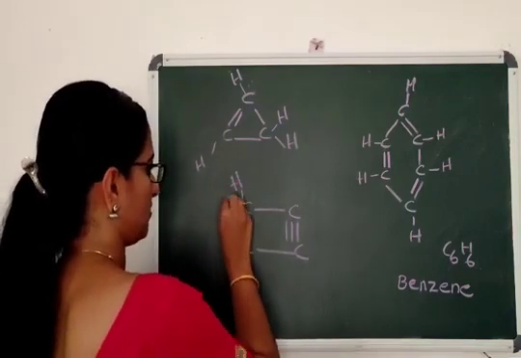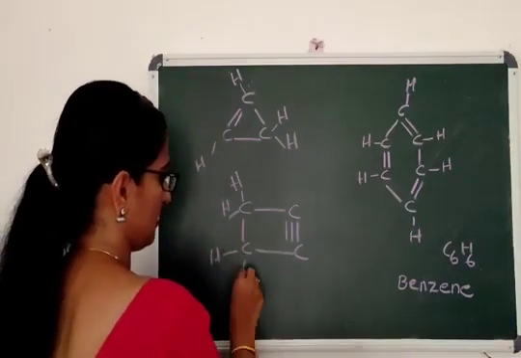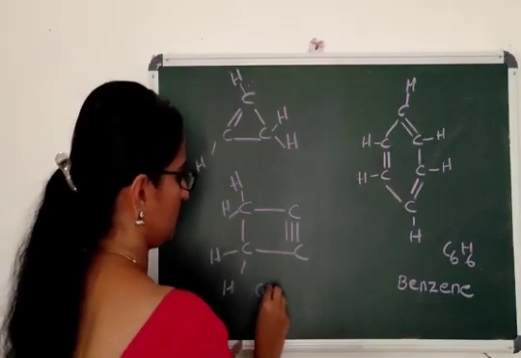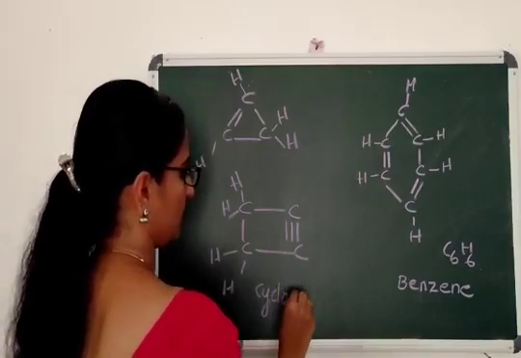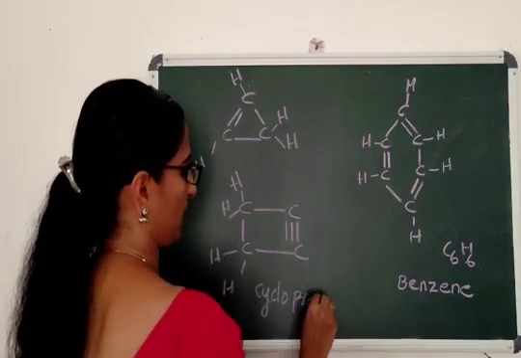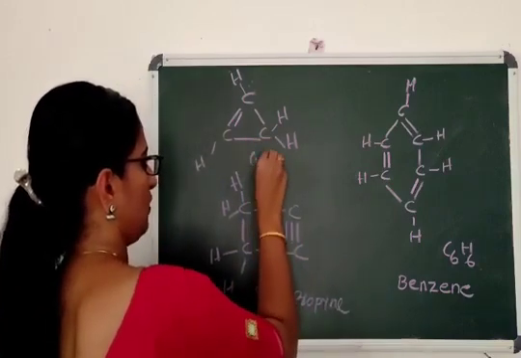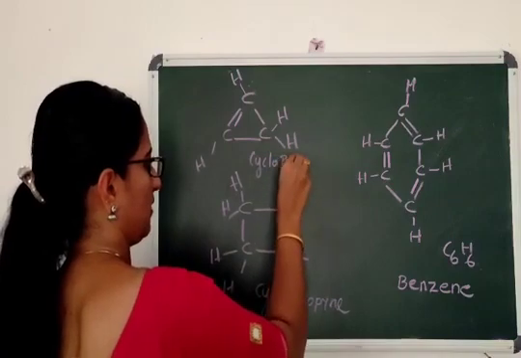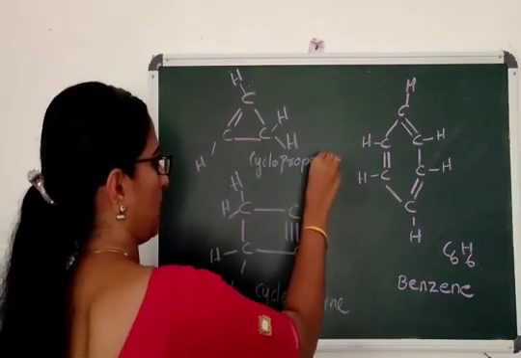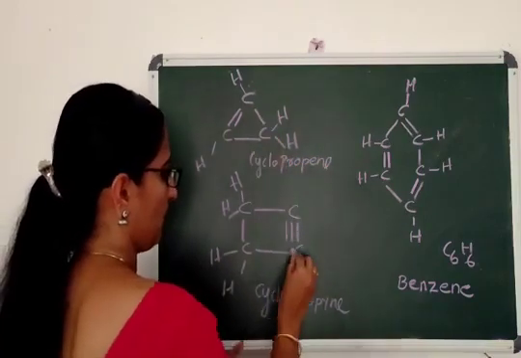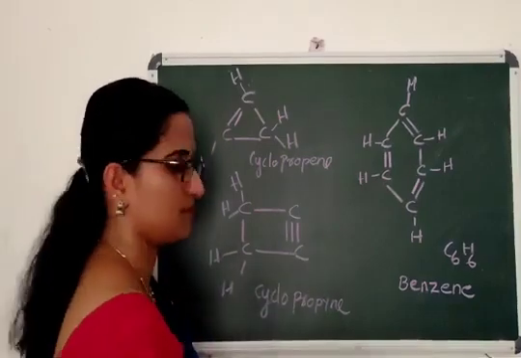Here the hydrogen is required. This is cyclopropyne, and this is cyclopropene. Propene because of the double bond, propyne because of the triple bond.